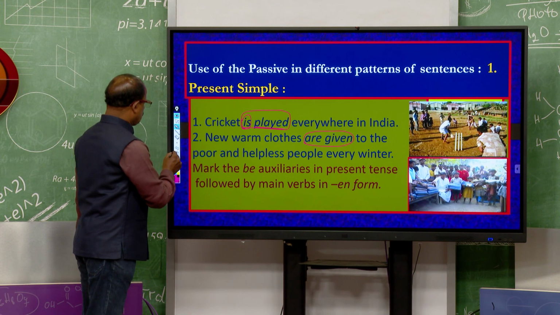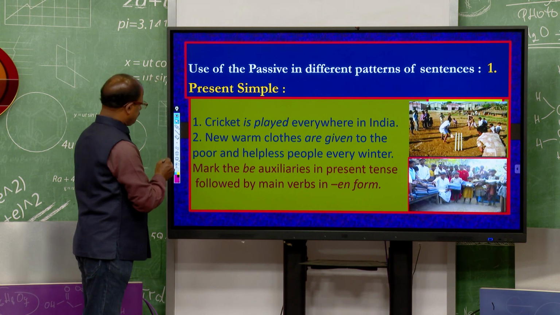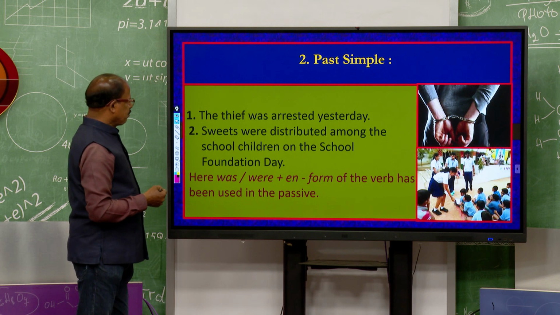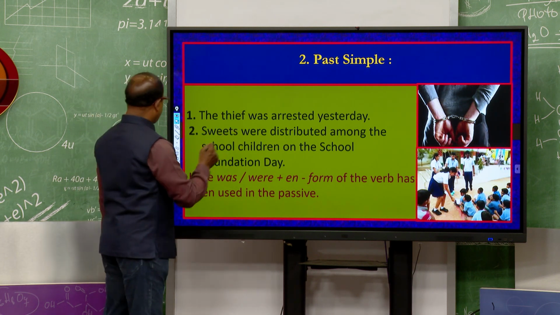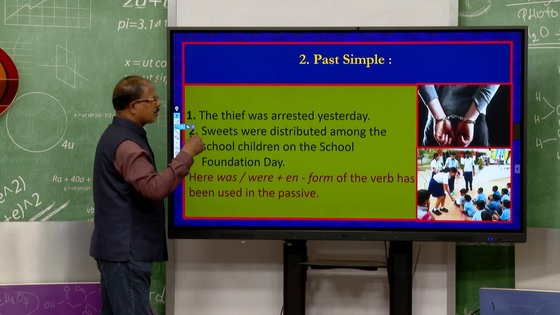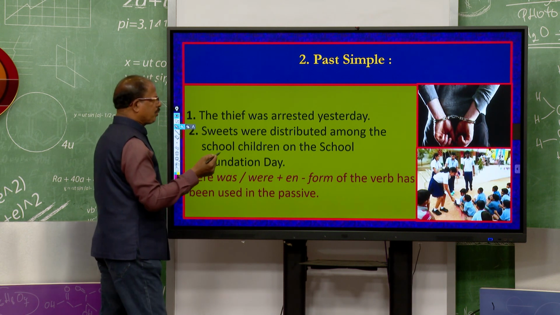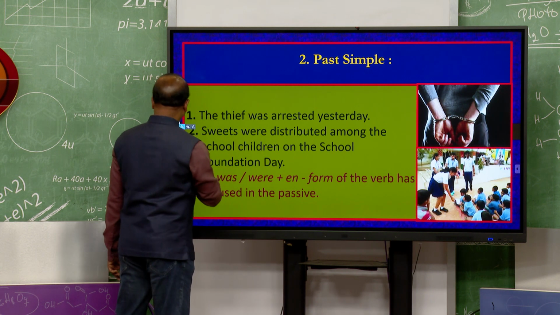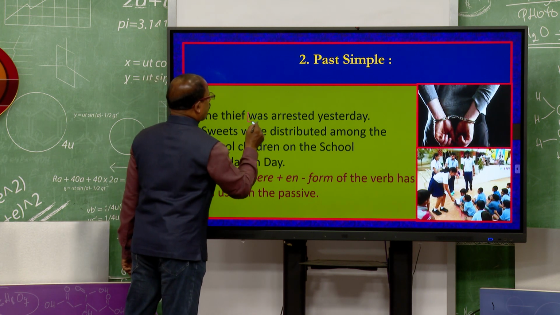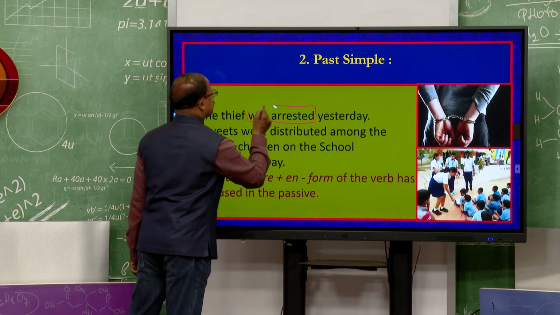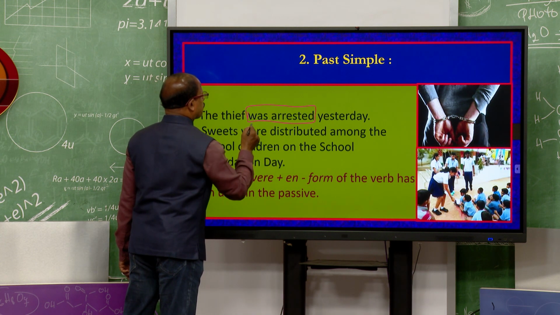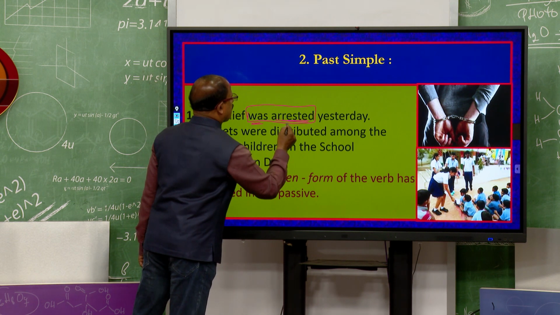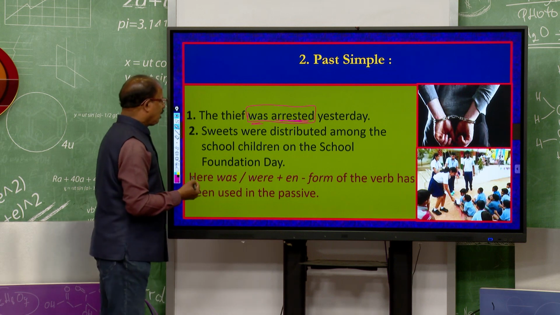Let us go to the next. Past simple, you see: the thief was arrested. Here in the past simple it is was plus the en form of the verb. Was is the be verb, and arrested is the en form or third form of the verb arrest.